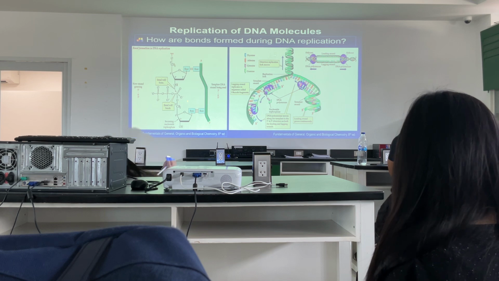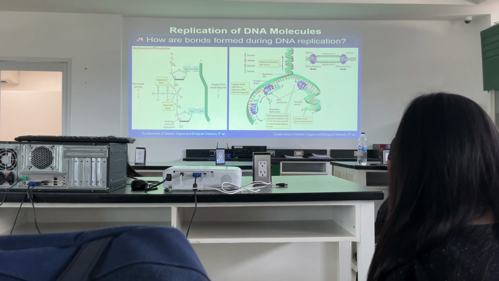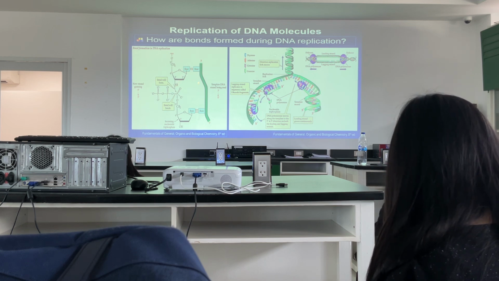So how will the incoming nucleotide become attached to the primer or to the growing end of a polynucleotide chain? This is a ribose sugar in the primer or in the growing polynucleotide chain. This is the 3rd carbon atom in the ribose sugar, to which is attached a hydroxyl group.